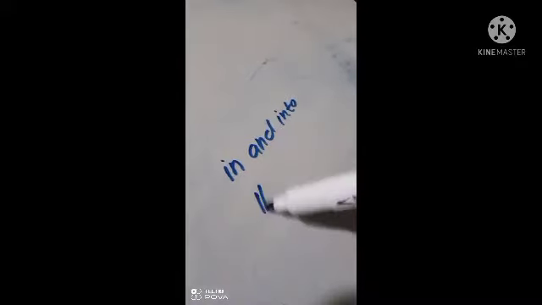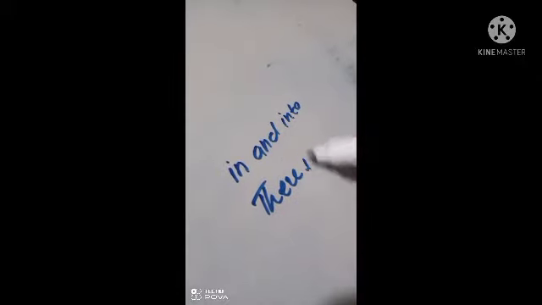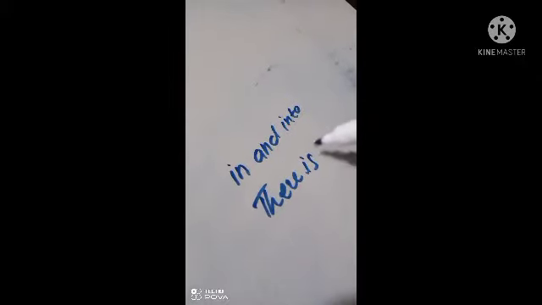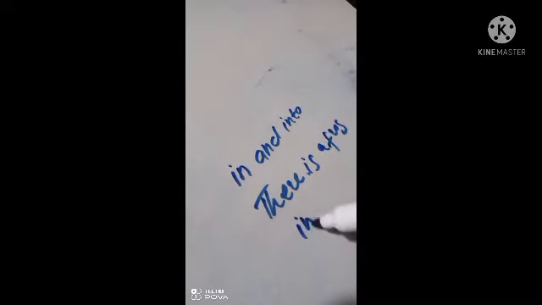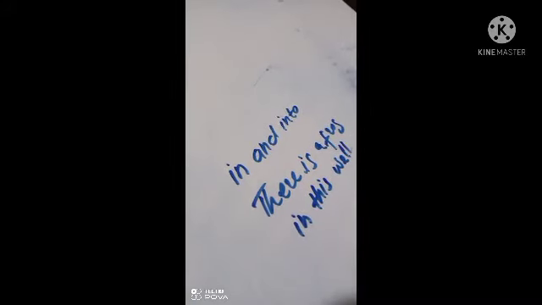Now coming to the next prepositions, that is "in" and "into". So sometimes "in" denotes position or rest inside something. And "into" denotes motion toward or inside from outside. For example, there is a frog in this well. Okay, so here the position is at rest.